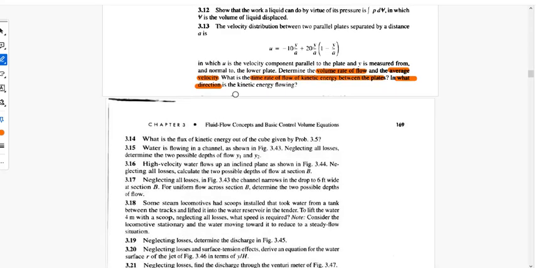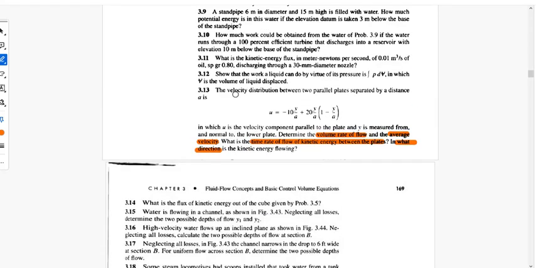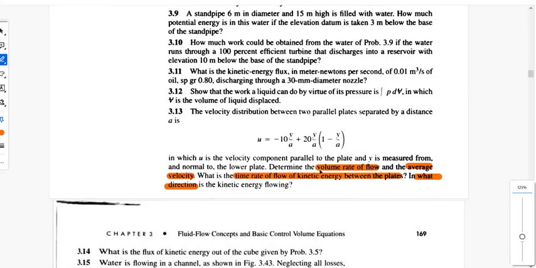For solving this problem, one of the problems in this chapter says the velocity distribution between two parallel plates separated by a distance a is like this equation, in which u is the velocity component parallel to the plate and y is measured normal to the lower plate.